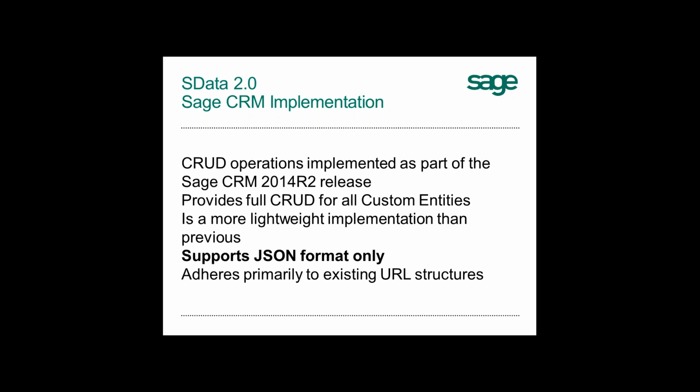And we have already seen that CRUD has been introduced into the cloud edition. That actually took place last year. 2014 R2 showcased that. We're now on 2015 R1, and 2015 R1 also has the batch capabilities as well.